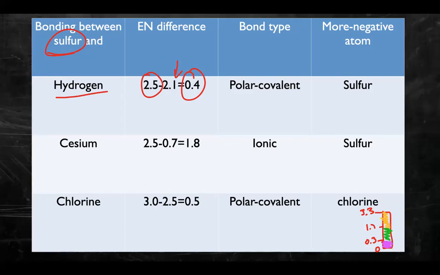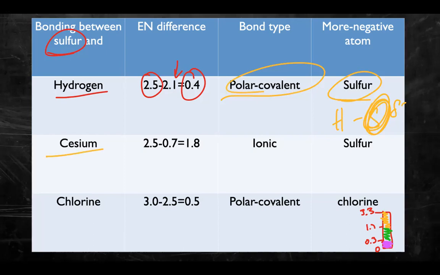So 0.4 puts us just above the non-polar into the polar, so it's a polar covalent compound, and the more electronegative atom is sulfur. So if you have hydrogen and sulfur, the electrons are going to be more on this side. So that's going to have the slightly negative charge.